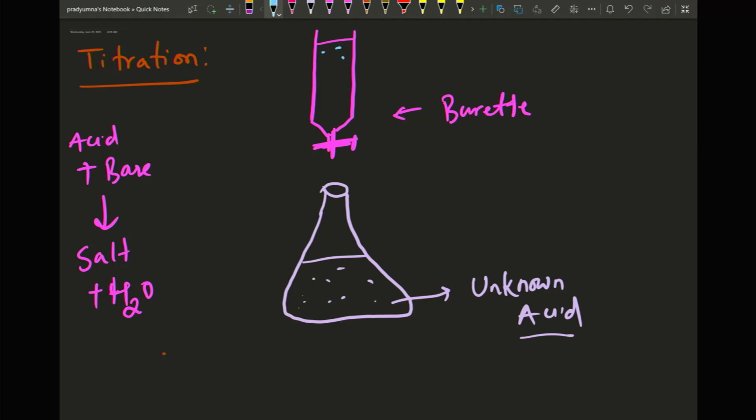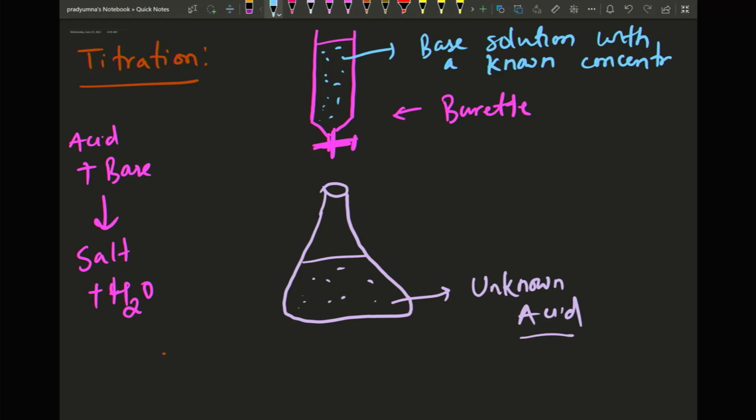Inside the burette you have a base solution with a known concentration. The burette has markers. So what you're going to do is open this stopper and let the base drip into the solution at the bottom, and you keep stirring the flask right here, the Erlenmeyer flask.